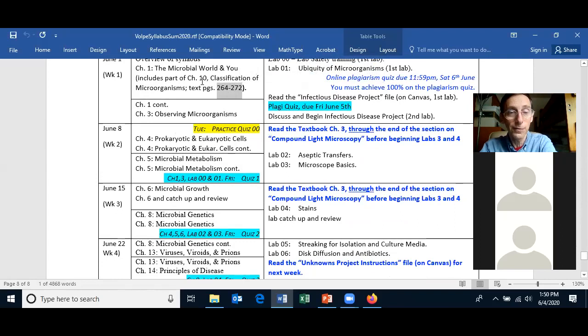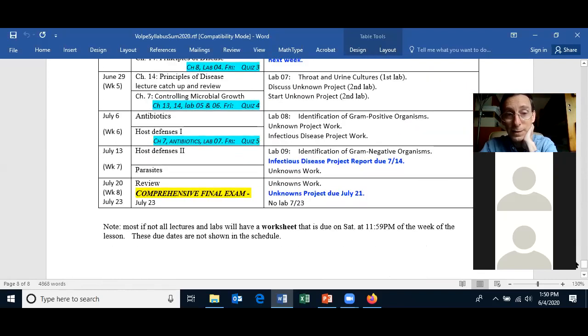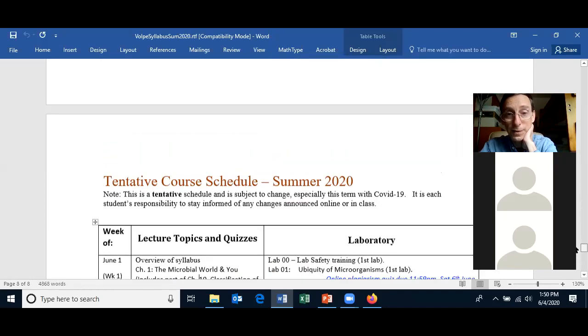And you can just look at chapter 10 on an older edition and find out where classifications of microorganisms are, and then read that. So if the bookstore doesn't have the custom edition yet, I would just go ahead and get a textbook from some other source that's the complete 12th edition.